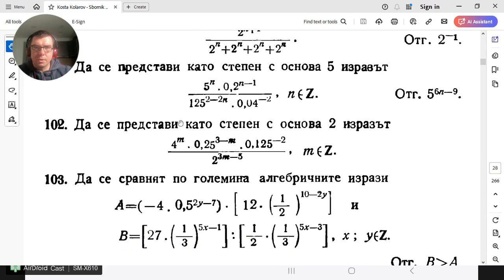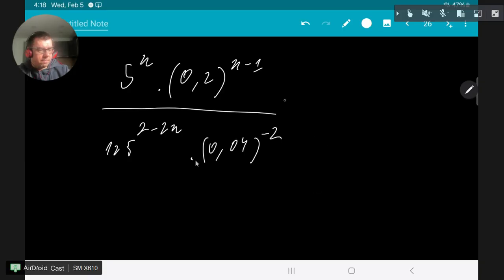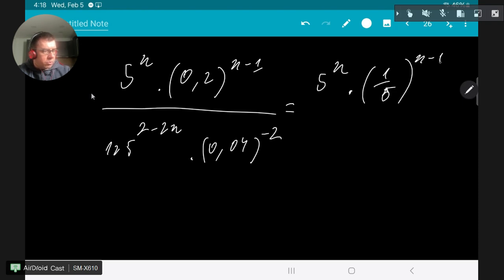Let's go with the next one. Same, presented as 5 to some power. So I have 5 to the power of n. Now 0.2, let me write it in more detail. 0.2 is the same as 1/5, okay? So I'm going to write it in this manner: 1/5 to the power of n minus 1, over 125, which is the same as 5 to the power of 3, to the power of 2 minus 2n.